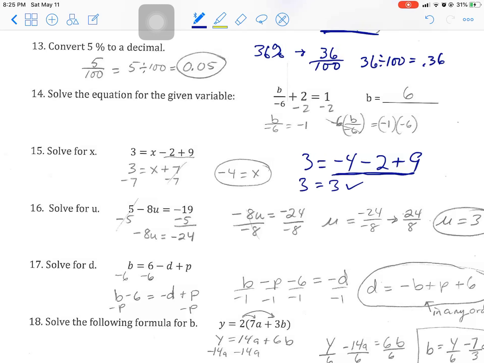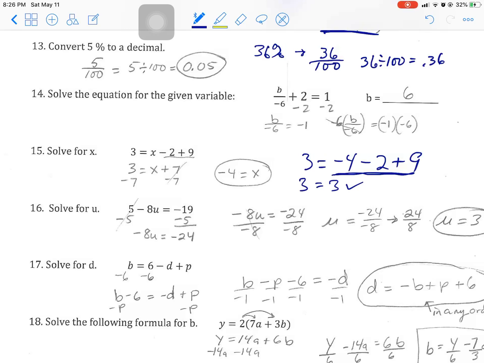Number 16, there's your variable term right there. So that means that this constant has to be moved to the other side. Do not move this one this way. You're going to end up with nothing on one side. When you're solving a linear equation, you want to put all the variable terms on one side and the constants, the plain numbers, on the other.